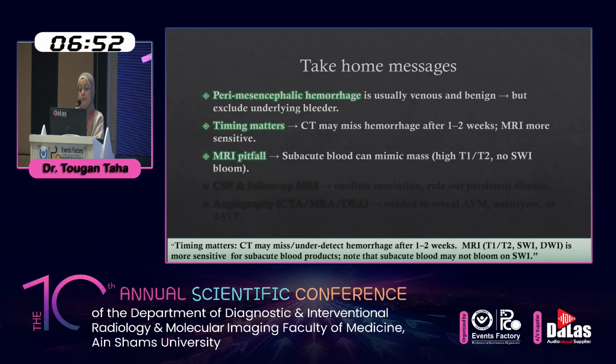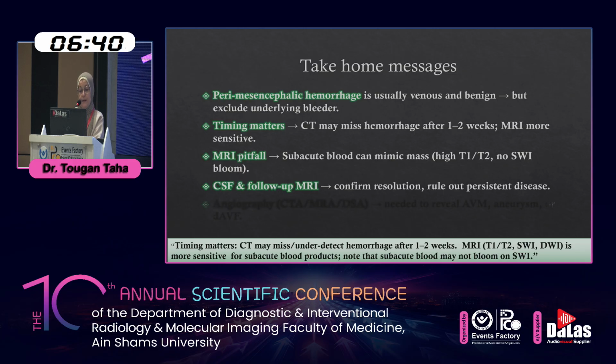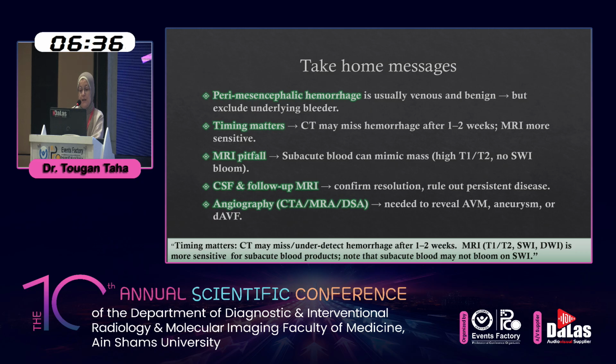Subacute blood can mimic a mass as there is no blooming on SWI. CSF and follow-up MRI confirm resolution and rule out persistent disease. Angiographic study is essential as it is needed to reveal an underlying AVM, aneurysm or dural AV fistula.